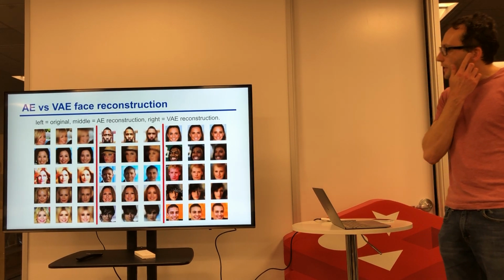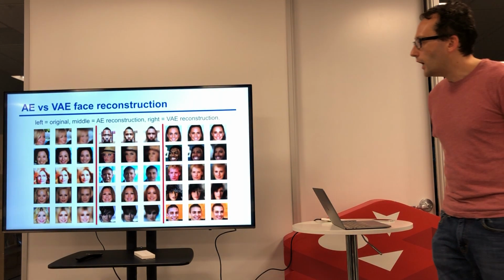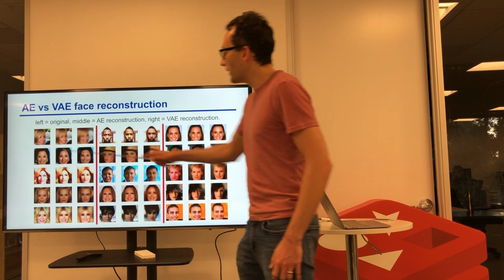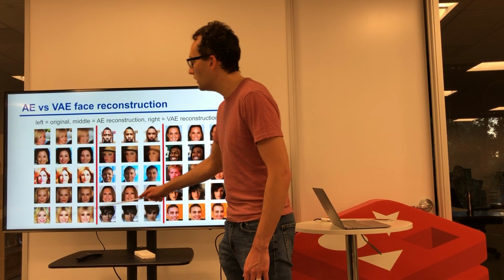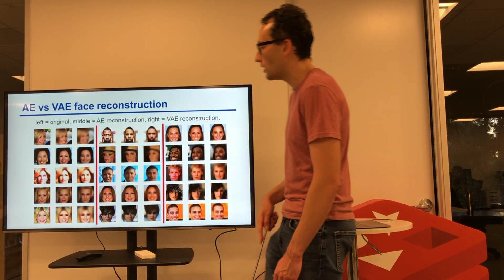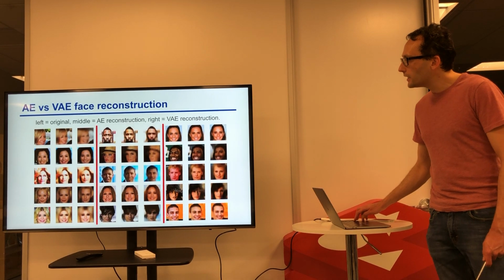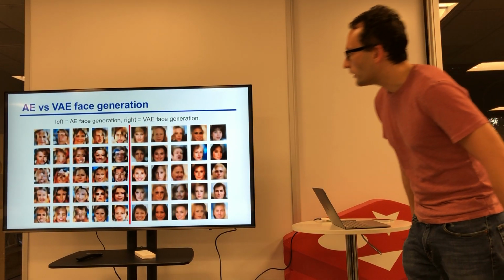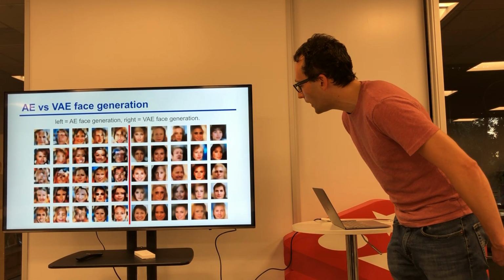So then this is the side-by-side comparison that shows the face reconstruction quality. Originals are obvious because they're sharper images. Autoencoders are the middle column, and then the variational autoencoders are the right column here. And this is how they compare for face generation. And I think that the variational autoencoders are doing quite a bit better.